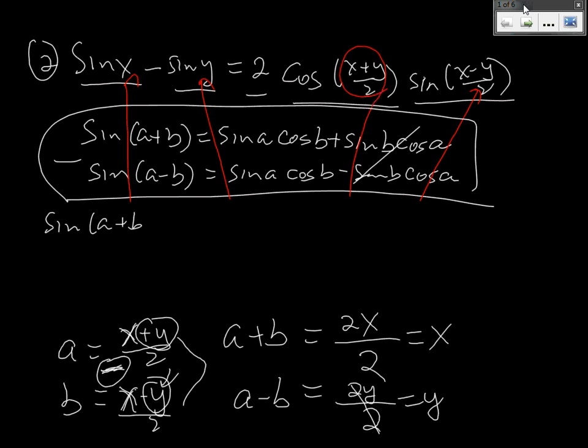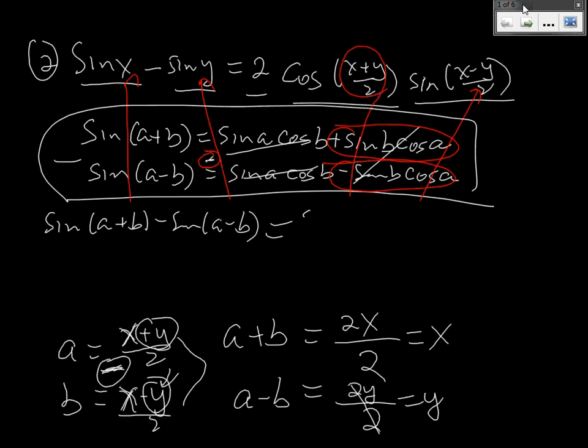The left will be sine of A plus B minus the sine of A minus B. And on the right side, when we subtract, now this cancels out, and positive sine B cosine A minus negative sine B cosine A gives us 2 sine B cosine A.